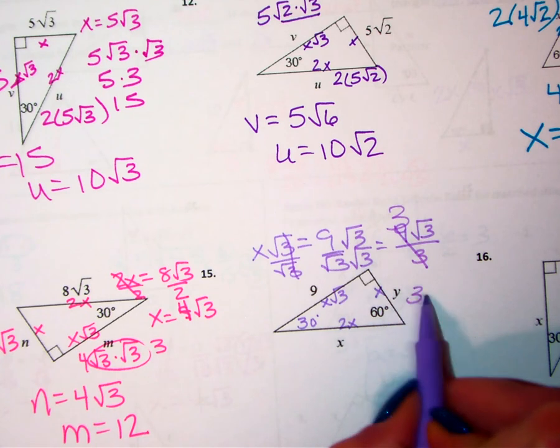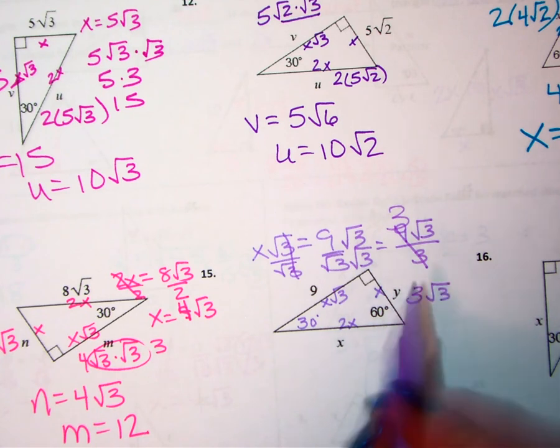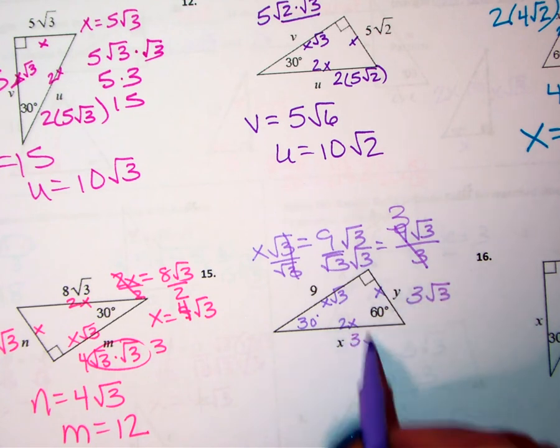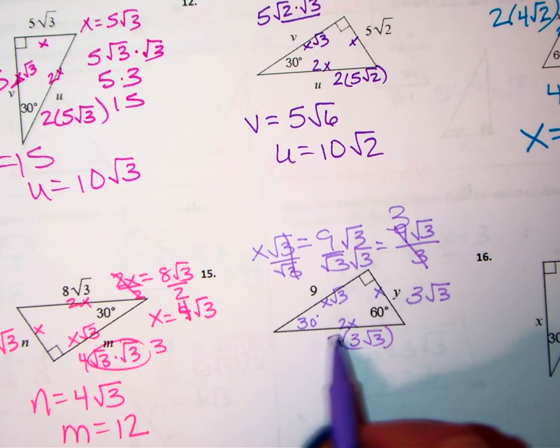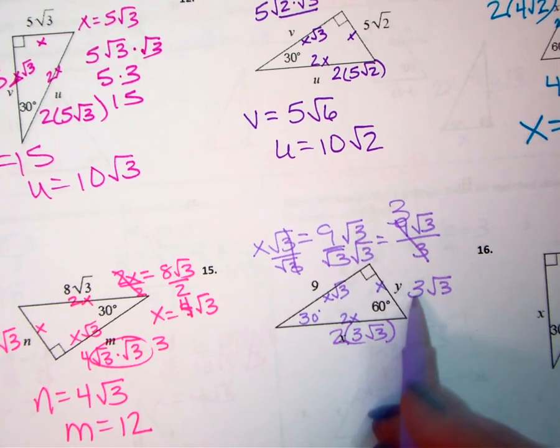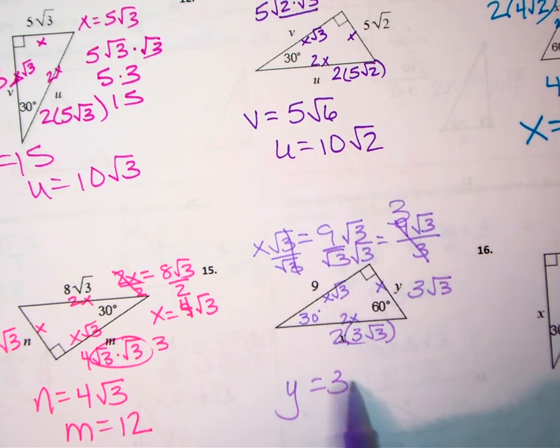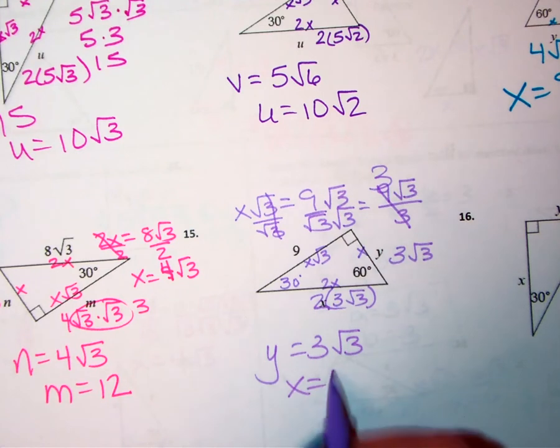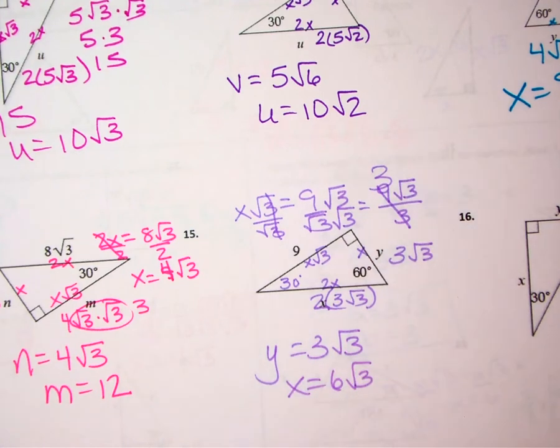So my x side is just 3 square root of 3. 3 square root of 3 times 2 will give me that side. So my y this time is 3 square root of 3. Okay, and my x is actually 6 square root of 3.